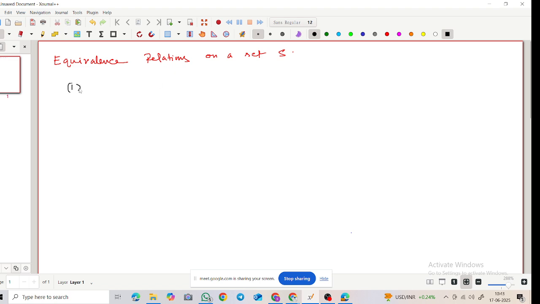A relation which is reflexive, symmetric, transitive. Yes.